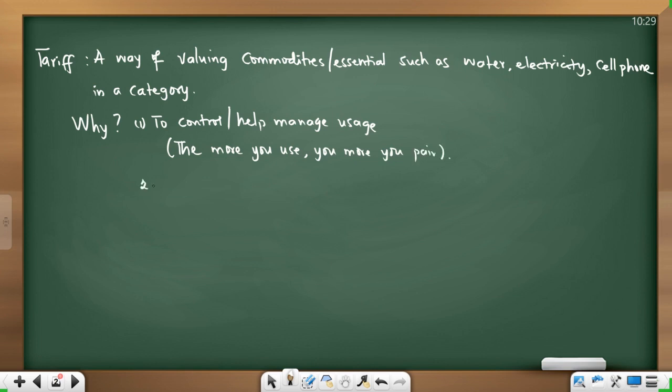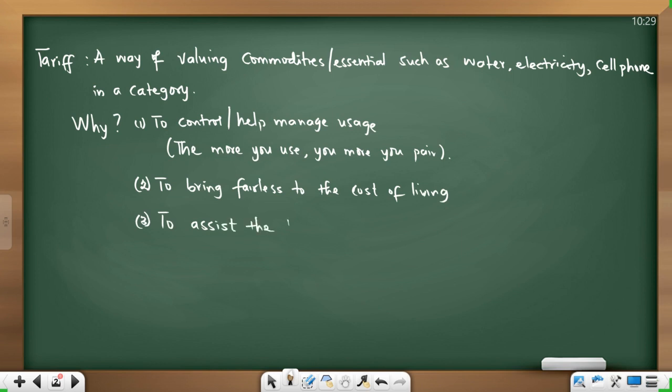Two, to bring fairness to the cost of living. So we make it fair. If you don't want to pay more, then manage, don't use more. Three, to assist the less privileged.